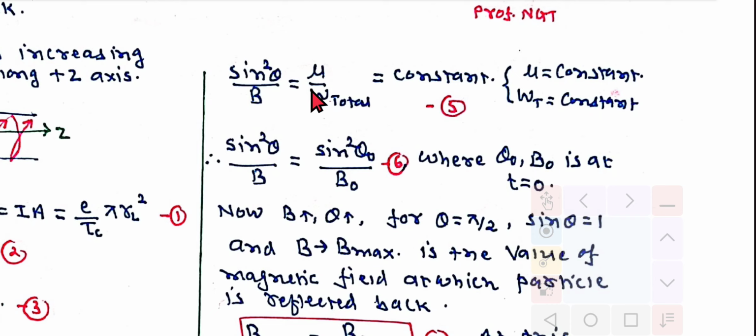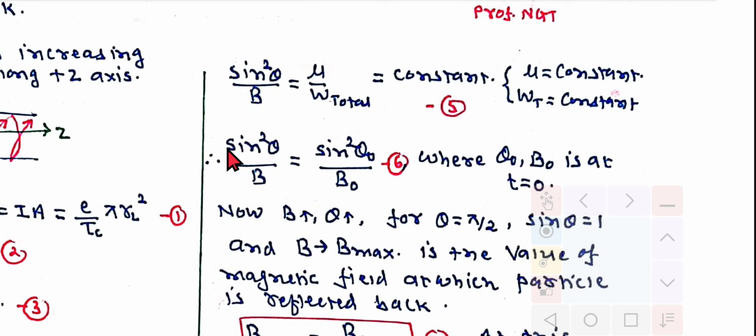So you can see in this equation, sin square theta divided by B equal to mu divided by W total. This is a constant quantity, this is also a constant quantity, so this ratio is constant. That means sin square theta 1 over B1 equals sin square theta 2 over B2 equals sin square theta 3 over B3 equals a constant.